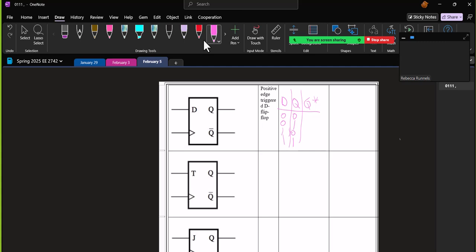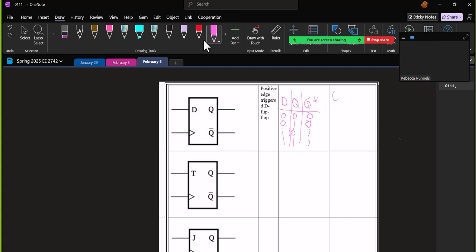So if the D input is 0, the next value of Q is also 0, regardless of the previous value of Q. And if the D input is 1, the next value of Q is 1, regardless of the previous value of Q. So D doesn't depend on the previous value. That makes it different from the other flip-flops. D only depends on the input.